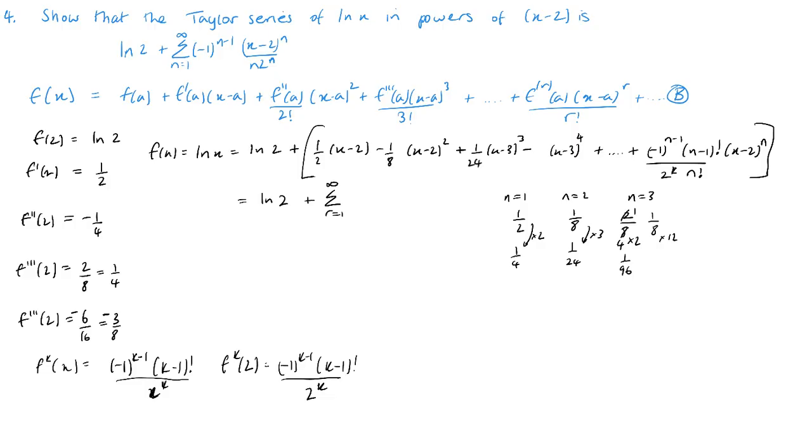Then we've got minus 3 over 8, divide by 4 factorial, and that's minus 1 over 64. Okay, right, let's get rid of this.